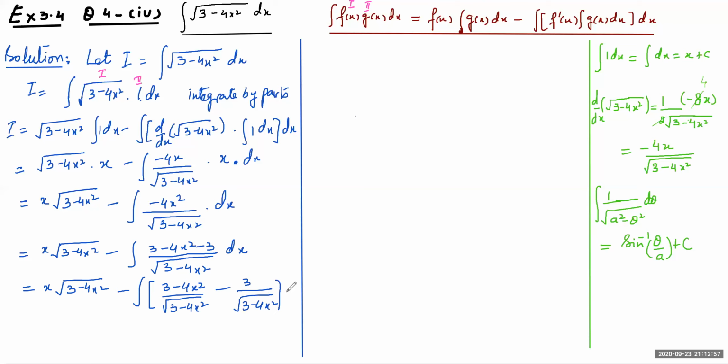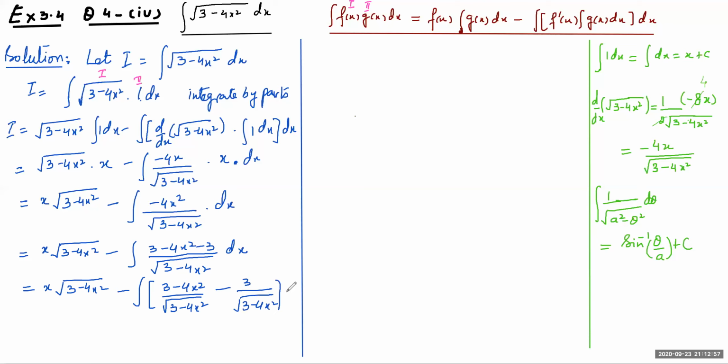What next? Just have a look at this expression. Compare it with the original expression and you will see both are the same. So in place of this, I am going to write I. And I write the next step: I is equal to x into square root of 3 minus 4x square minus I plus, bring this 3 outside and you will get 3 times integral of 1 by square root of... Just see what I'm going to do with this 3.